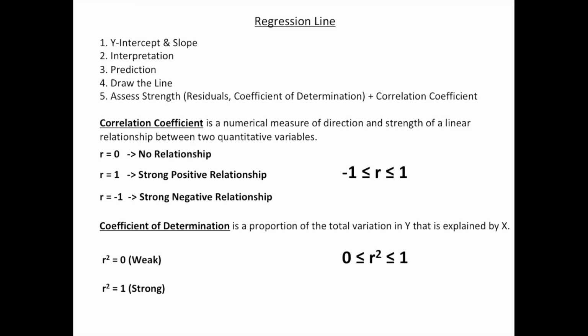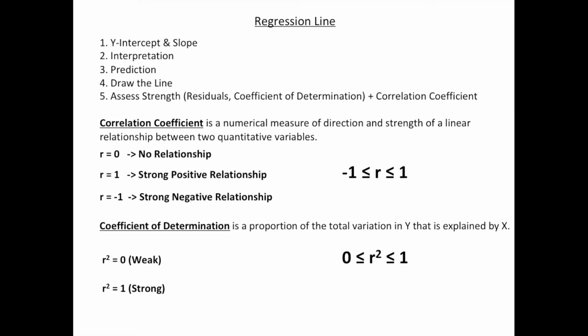Your r squared should always fall between 0 and 1, and you can think of this as a percentage. Let's say you have an r squared of 0.5. This is going to indicate that 50% of the total variation in y is being explained by x. So again, your coefficient of determination is just the square of your correlation coefficient.